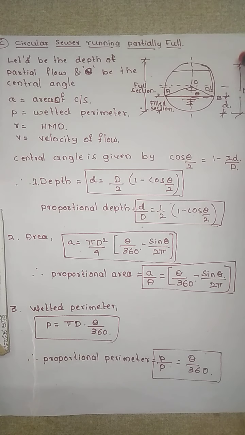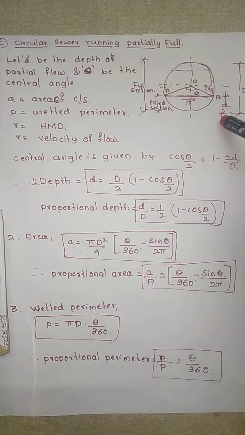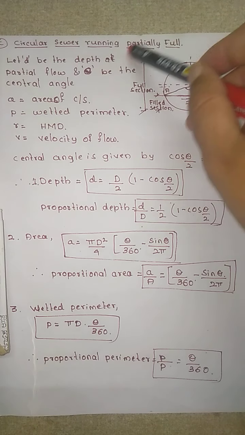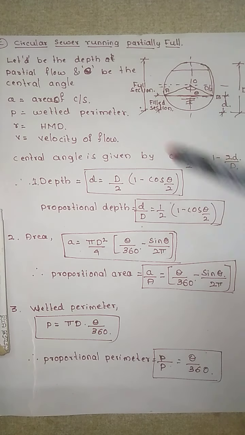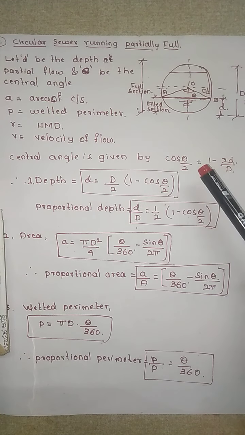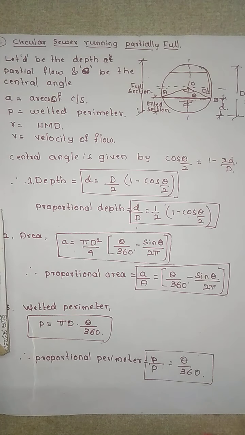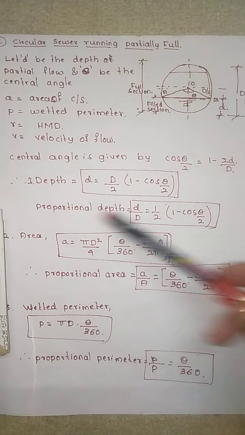So this is the big D, the diameter, and this is the small d, the depth of the filled section of water. Now the central angle is given by this simplified one. In order to solve the problem, you need to concentrate on these particular things.